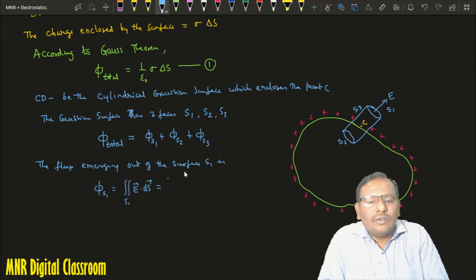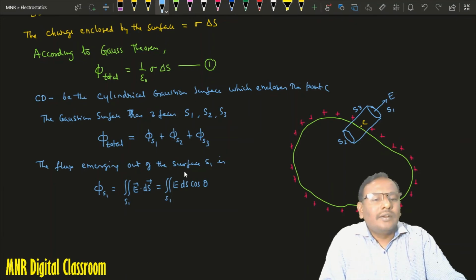This is equal to the surface integral of E ds cos theta. But for the surface S1, the normal and the electric field are in the same direction.